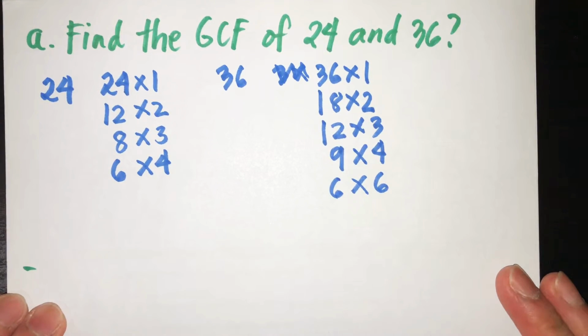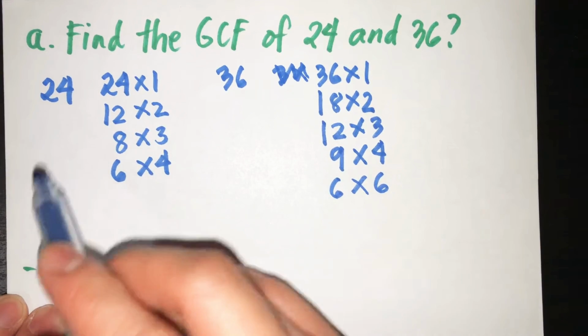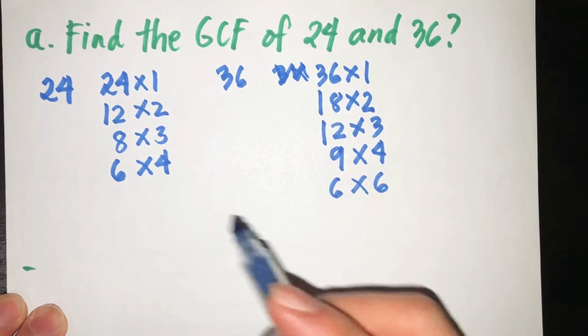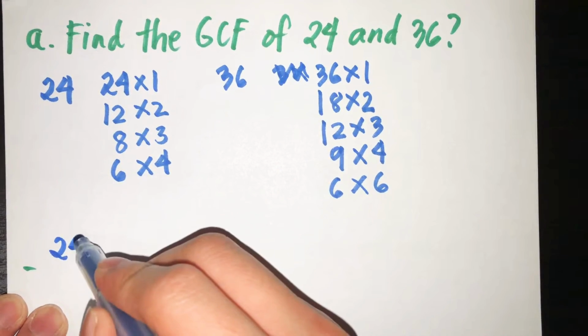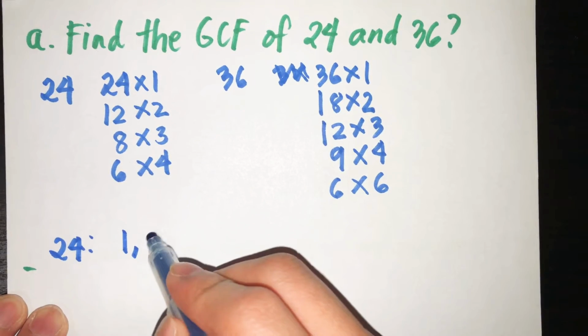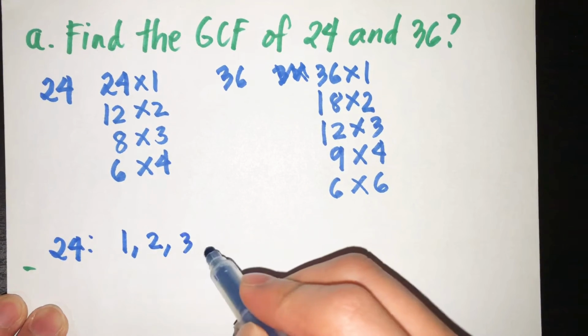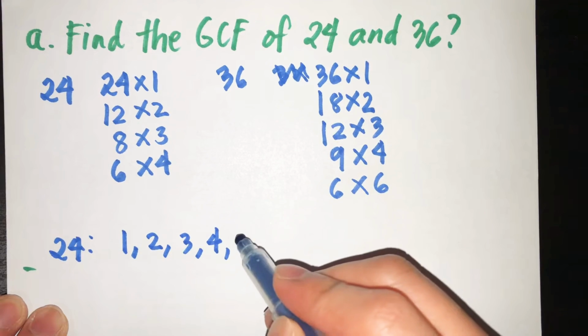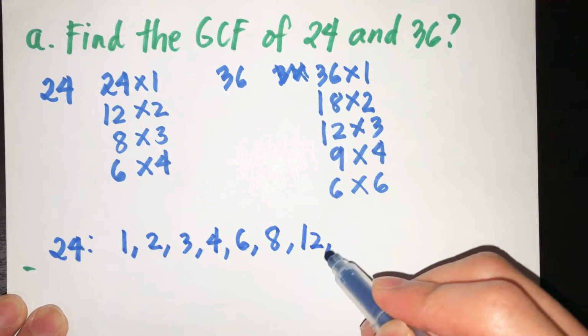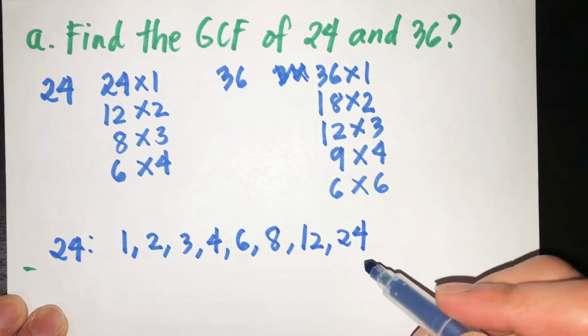Then after that, we're going to list all the factors in numerical order. So for 24, we have 1, 2, 3, 4, 6, 8, 12, 24.